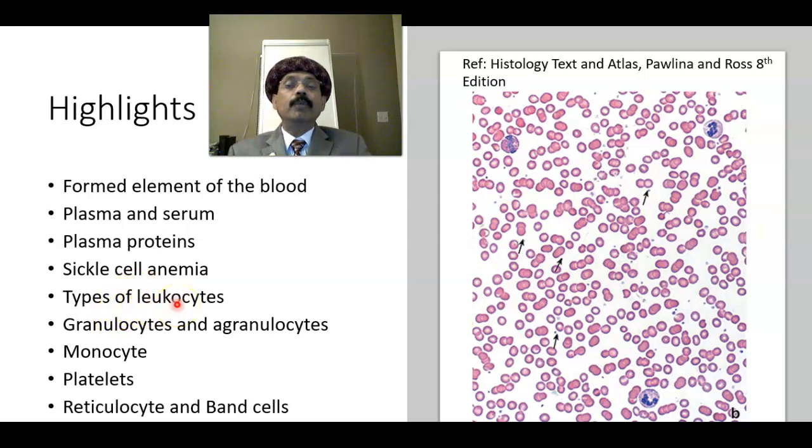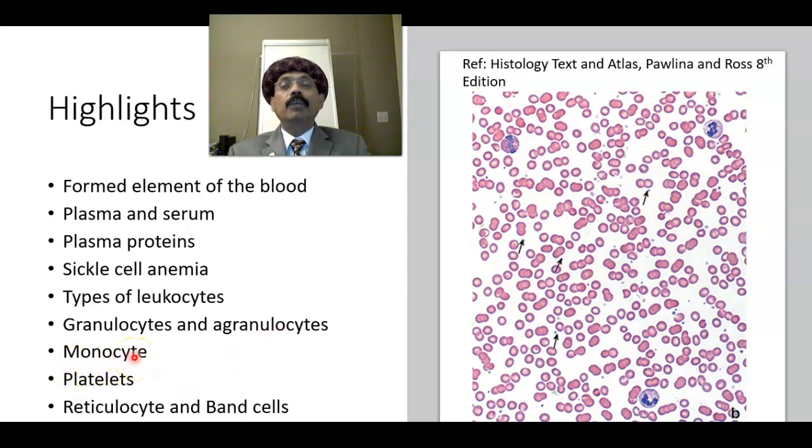Types of leukocyte: we have granulocyte and agranulocyte. Granulocytes are the neutrophil, eosinophil and basophil. Agranulocytes are the monocyte and the lymphocyte. Lymphocytes are again of two types: T lymphocyte and B lymphocyte. T lymphocyte is for cell-mediated immunity. B lymphocyte is for humoral immunity.